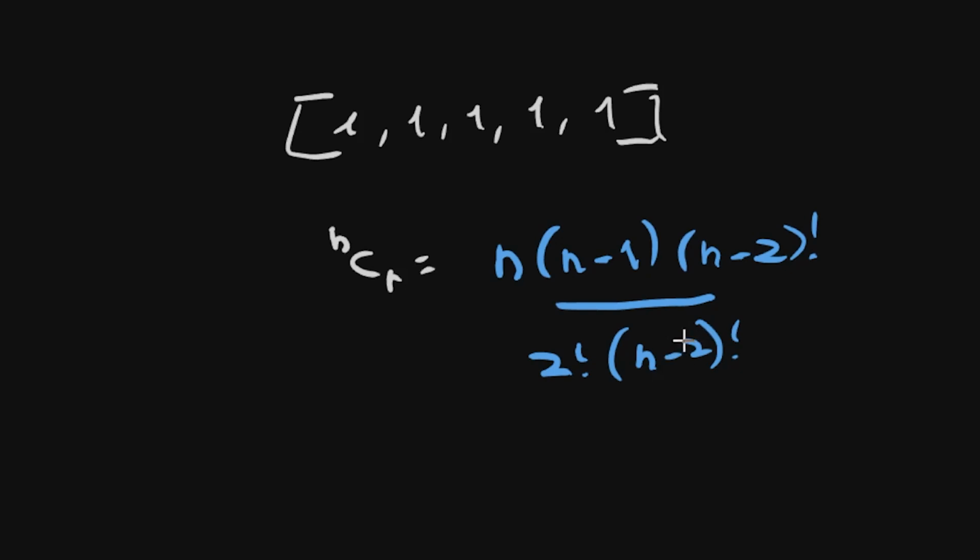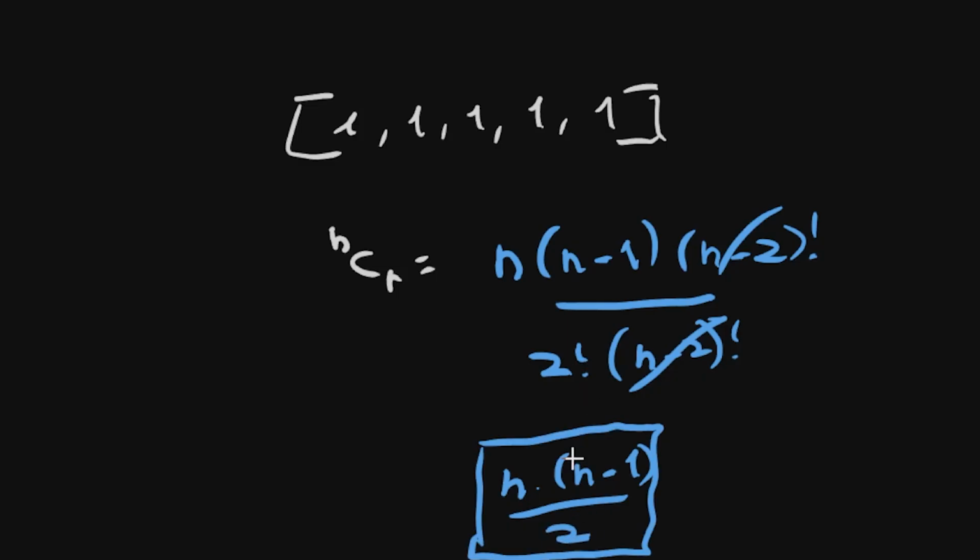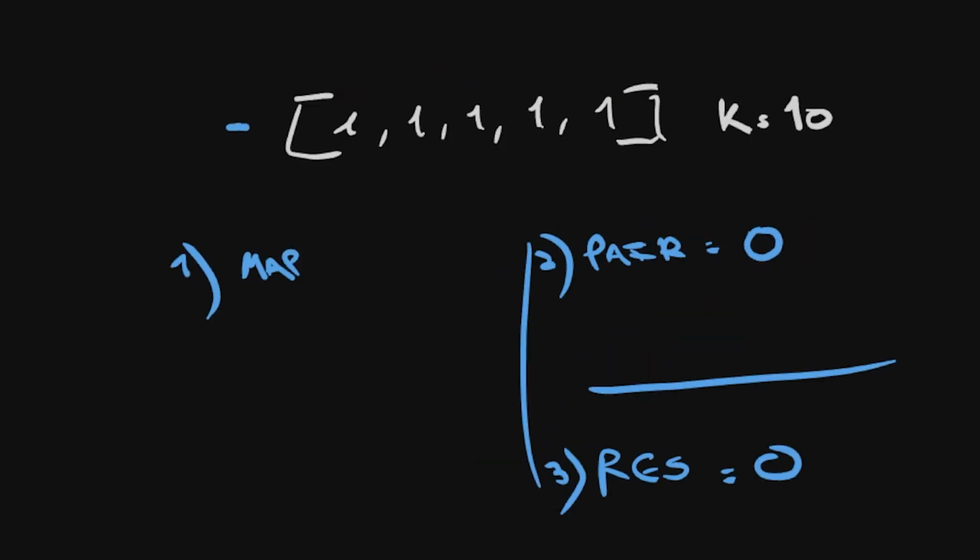So we can cancel this and this, and our final formula would be n times n minus 1 divided by 2. So with this formula we could get any combination of 2 in any valid array or subarray. Okay, now let's say we have this array and k equals 10.